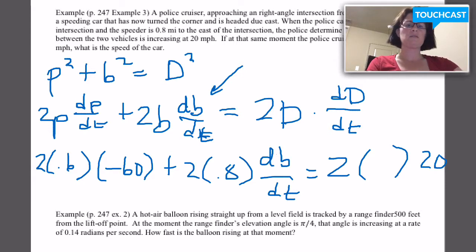So I'm going to take a little side trip here. At the exact moment I'm talking about, this is 0.6 and this is 0.8, and you can use the Pythagorean theorem, or you can remember that 3, 4, 5 is a Pythagorean triple, so this is going to be 1 mile.